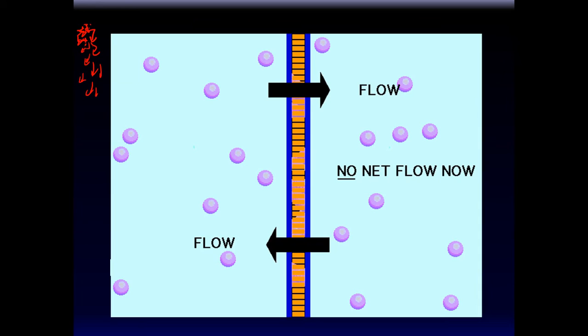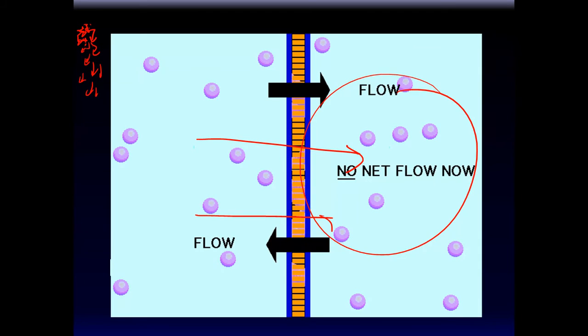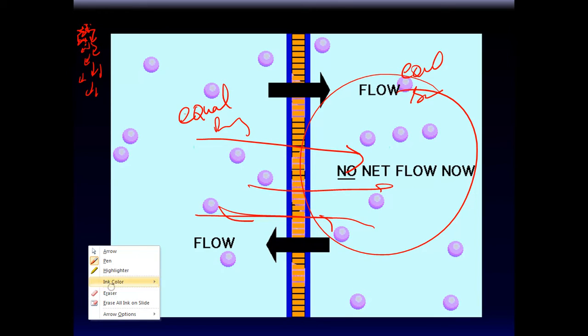So they move from here to here only because there's less probability of bumping into things over here. And when there's equal bumping over here and equal bumping over here, it will appear that they're equally distributed, but they're still moving. It's just that the bumping opportunity is the same on both sides.